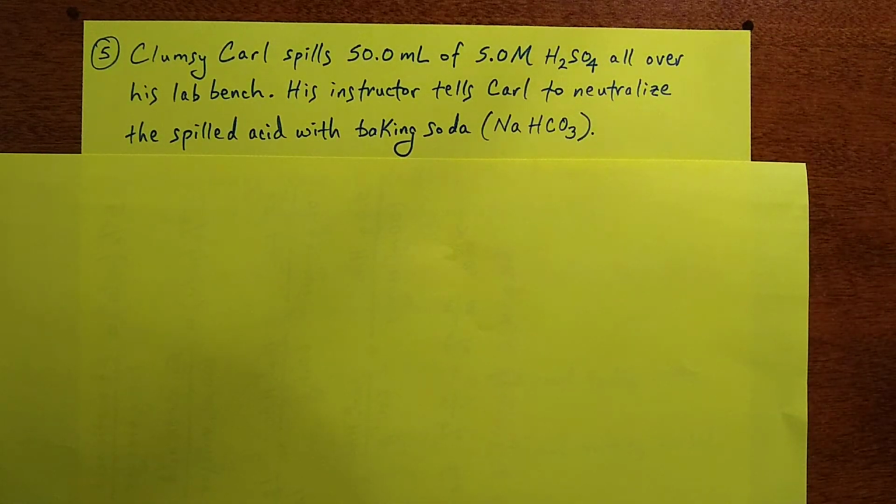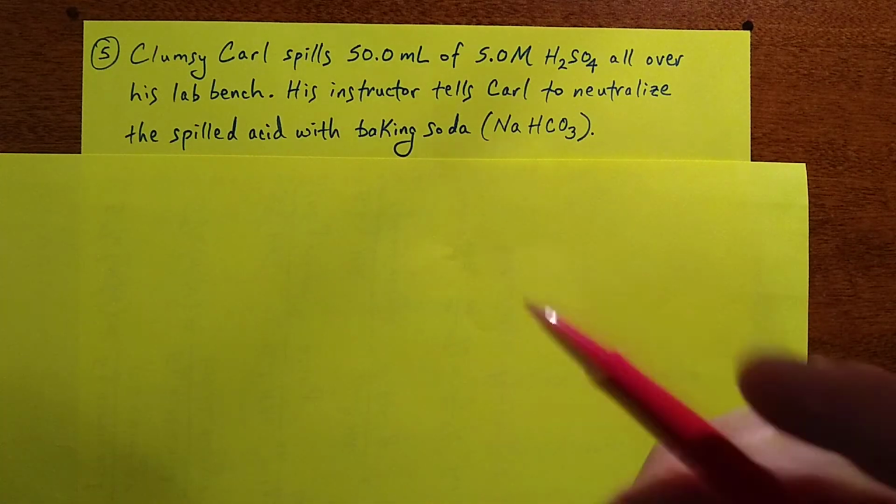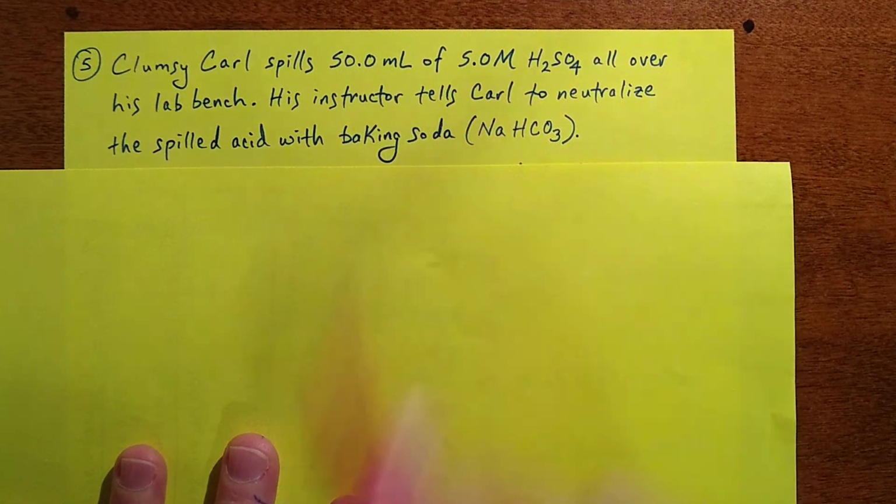Remember when we were talking about Chapter 6 material, we'd give you the mass of a reactant and ask how many grams of a product you get. Well, you can do the same type of problem now with liquid aqueous solutions. So instead of giving you the mass of a reactant, I give you the volume and molarity of the solution.